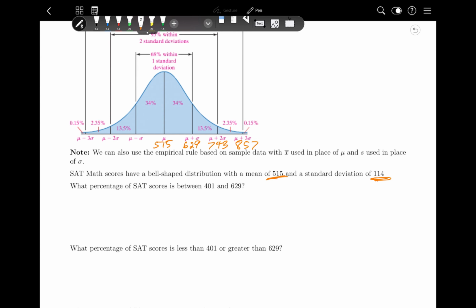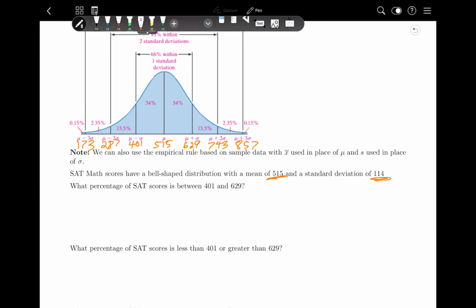So 515 minus 114 is 401. Subtract 114 again, and you get 287, and then I can subtract it again, and I get 173. Okay? And so now you know what all the numbers in the problem are referring to.